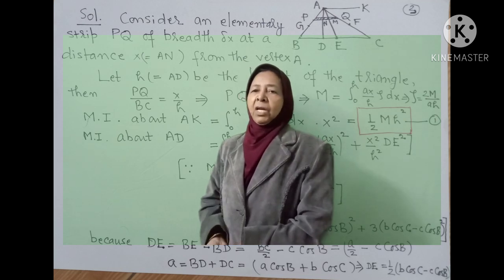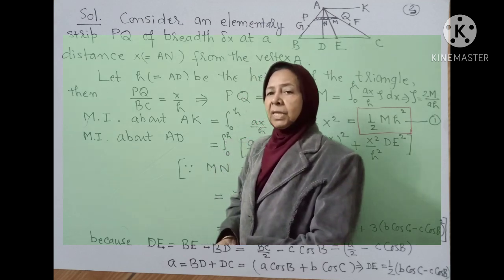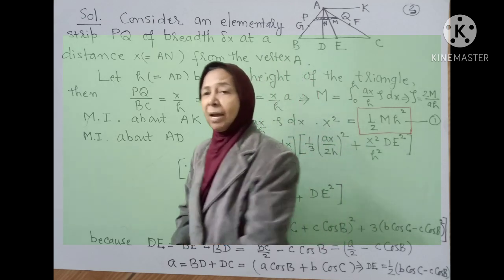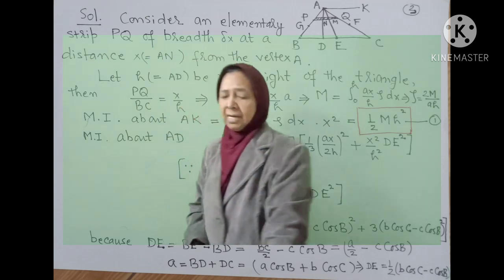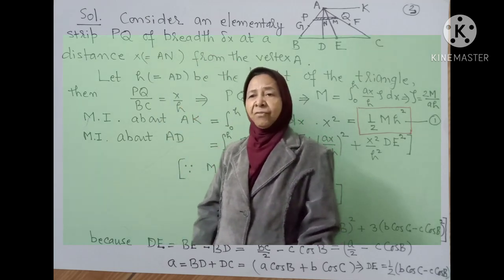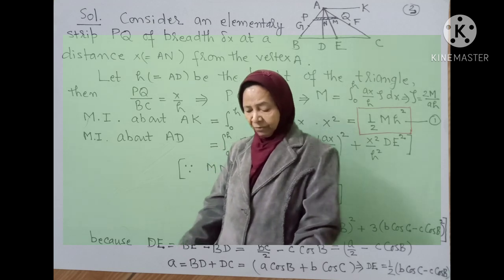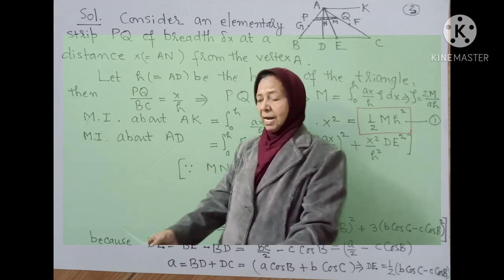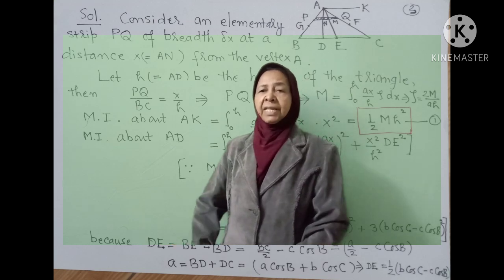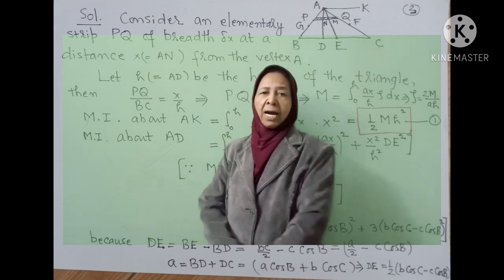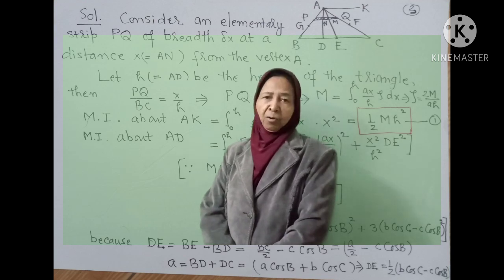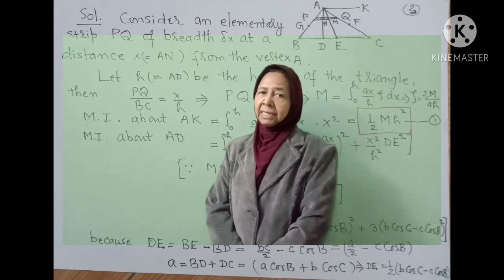Okay. Now, the triangular lamina, let me see the figure. This is the triangular lamina, and we have to find its moment of inertia first of all about AK. So the first thing which I told you is to find the density of the triangular lamina. How to find density?